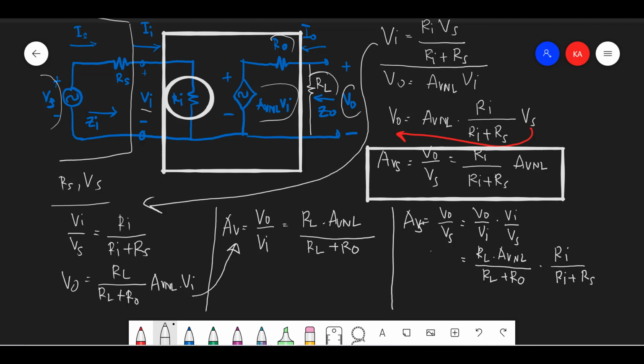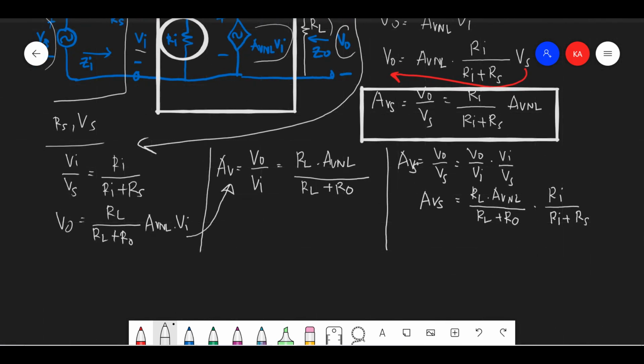So this is the total gain, this is the AVS.